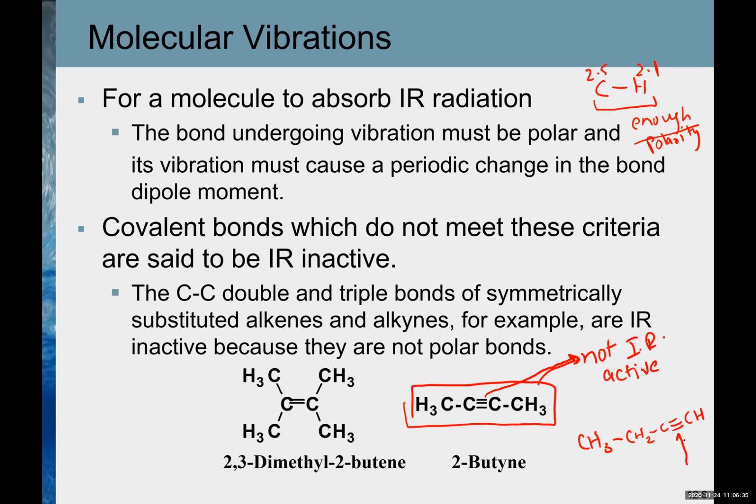Now, if we look at this bond, this is non-symmetrical. On the right-hand side, we have one carbon and one hydrogen, right? On the left-hand side, we have a bunch of carbons and hydrogens. Because there's a difference in the number of atoms, that difference is enough to create polarity. So this is IR active.